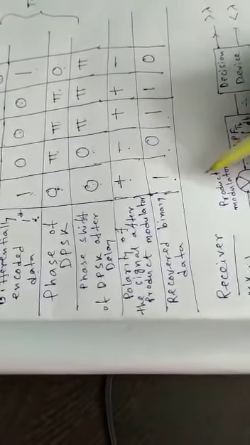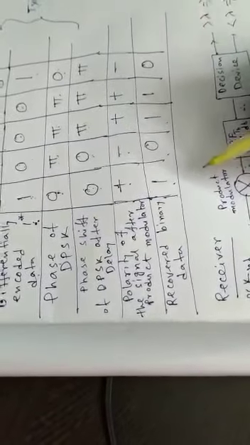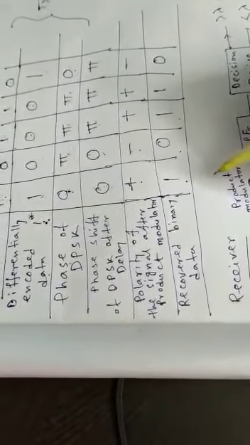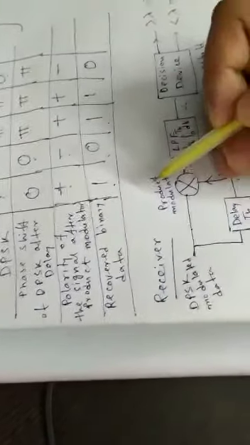So synchronization is not needed between the transmitter and receiver. So you need a less complex circuit, and so the cost of this DPSK is lesser than a PSK circuit. So this is the biggest advantage of differential phase shift keying.